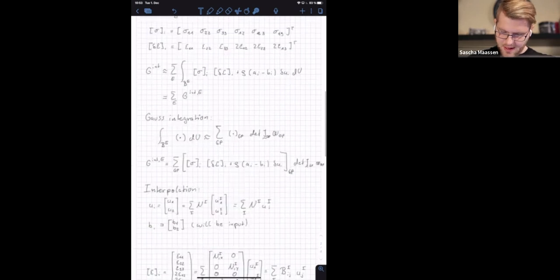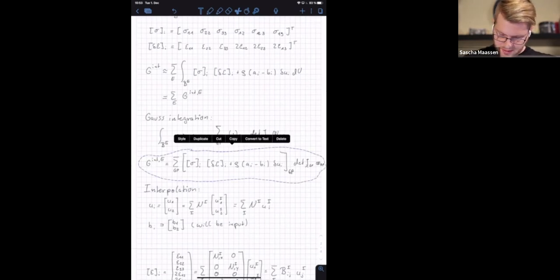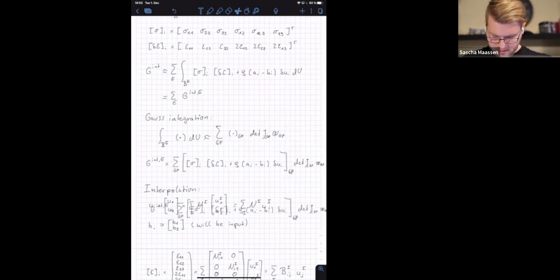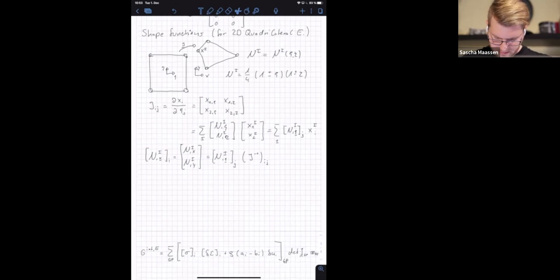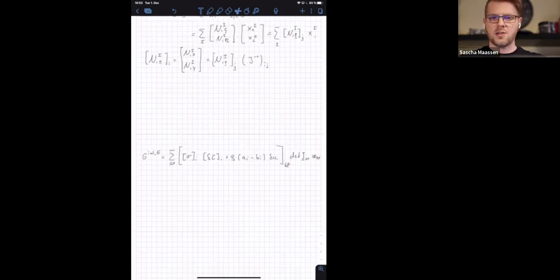We are left here with using this expression for the internal part. And maybe I continue here on the new page.